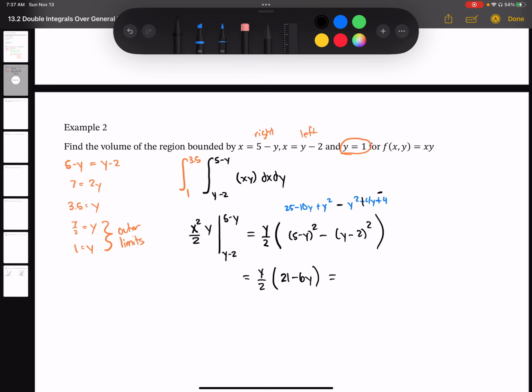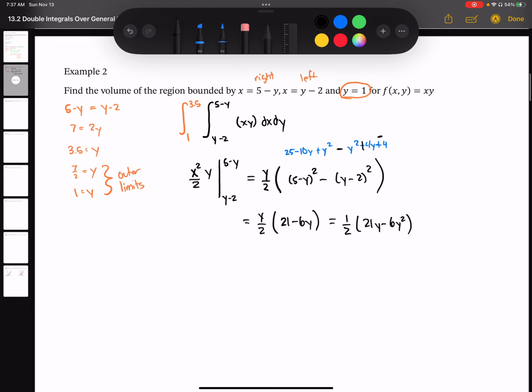And now when we distribute the y over 2, we get 21y over 2 minus 3y squared. I kind of want to just keep the half out of that. Yeah, you know what? Let's keep the half out. It won't matter. So let's make this 1/2 times 21y minus 6y squared.